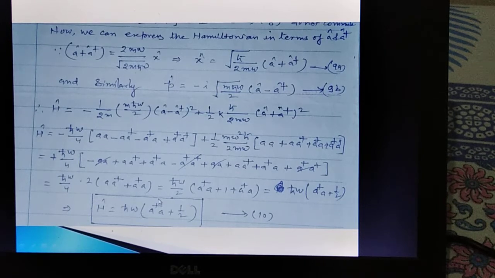It means you can express the Hamiltonian in terms of operators A dagger and A as H equal to h cross omega (A dagger A plus half).